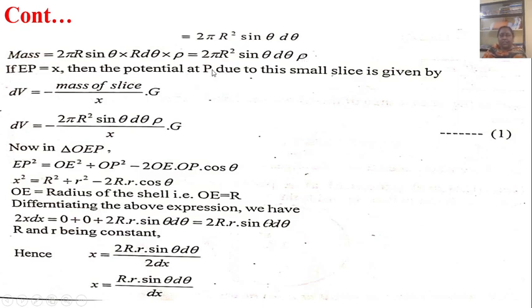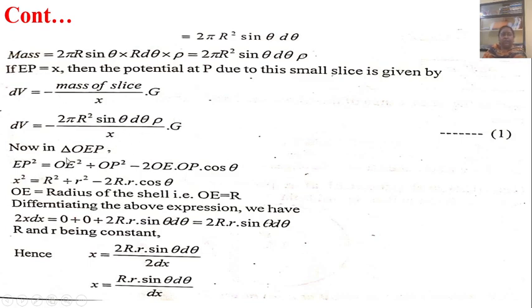The potential at P due to this small slice is given by dV equal to minus mass of slice upon x into g. So dV equals minus 2 pi R square sin theta d theta into rho upon x into g.